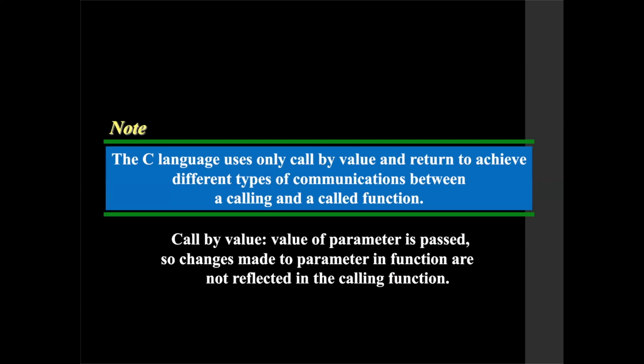In general, the C language uses call by value. So this is the same as pass by value. When you have a function that takes a set of inputs, the very first thing that happens is, let's say this function f makes a copy of this x inside of the function.